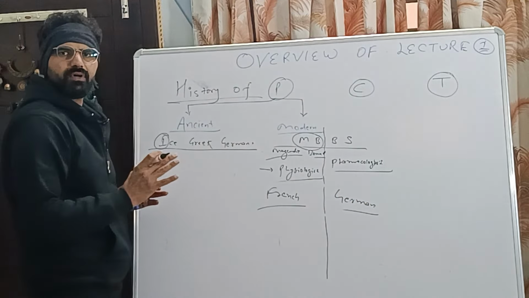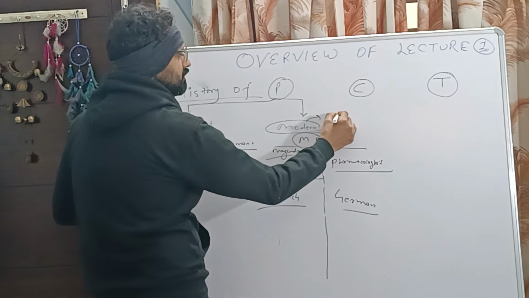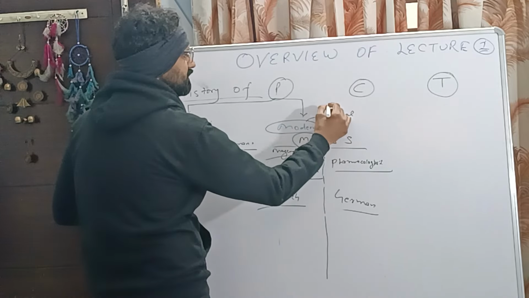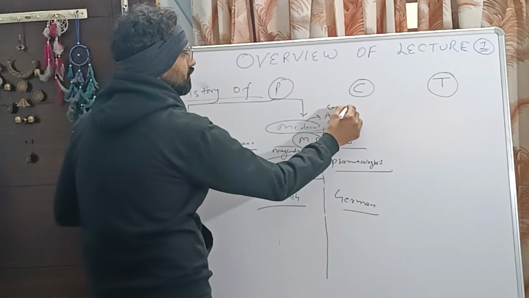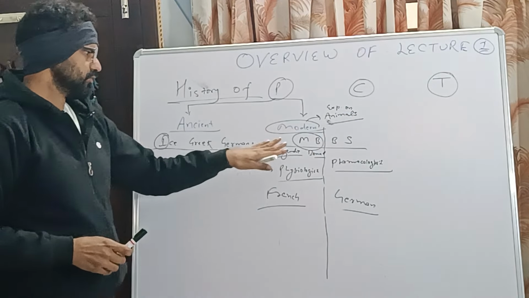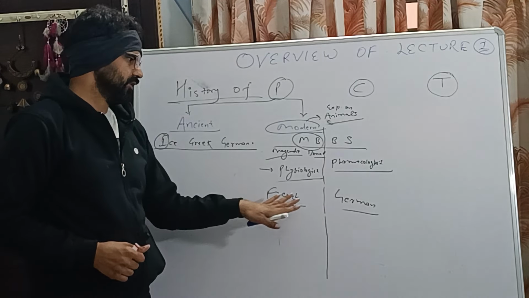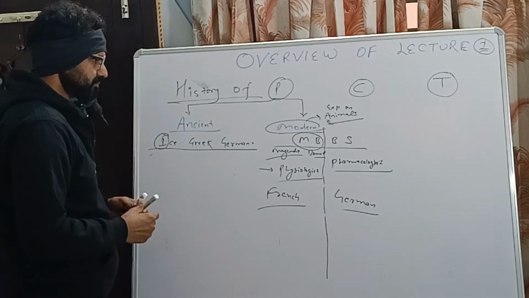In case of modern pharmacology, it started with experiments on animals. So these two were physiologists and these two were pharmacologists. French origin, German origin.